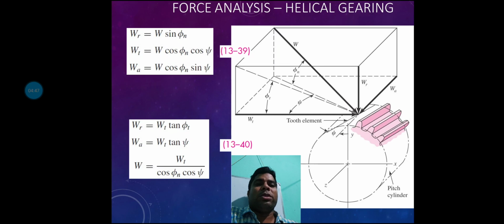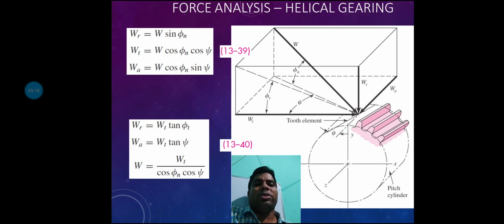That means all the loads, either radial load, tangential load or axial load, can be calculated in terms of the total load applied at the point with a certain angle.